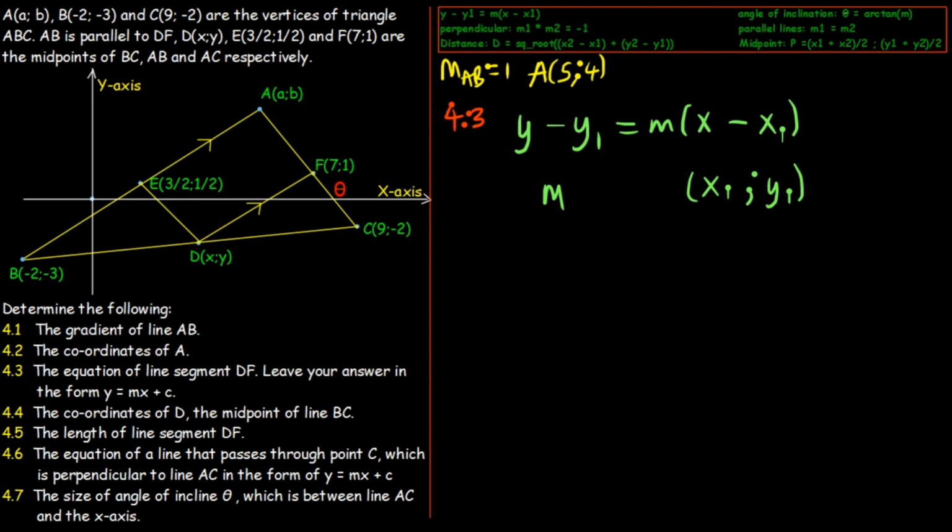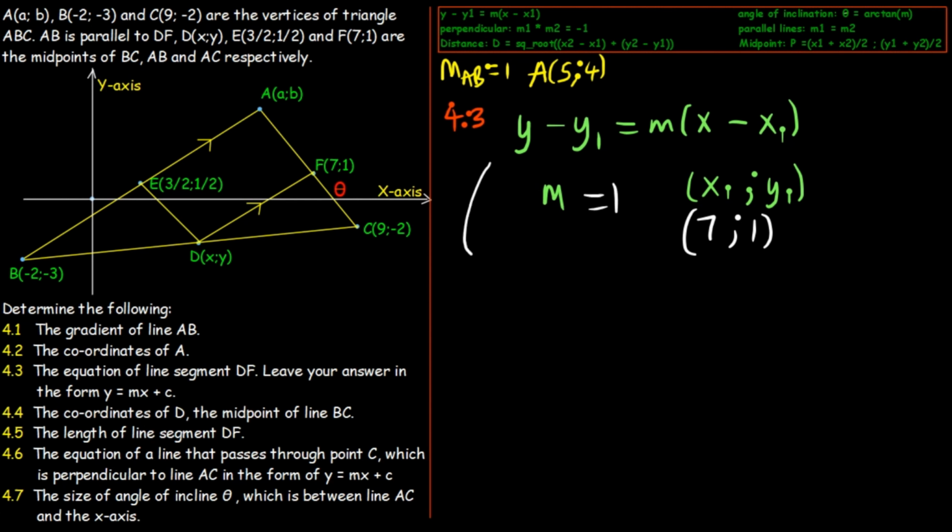So we use this point F, which is given: 7 and 1. What will be the gradient? Since they're parallel, they have the same gradient. The gradient of AB is 1, so so will our gradient for DF.